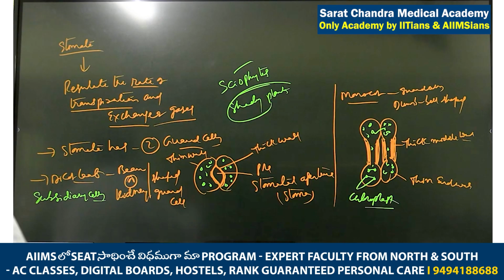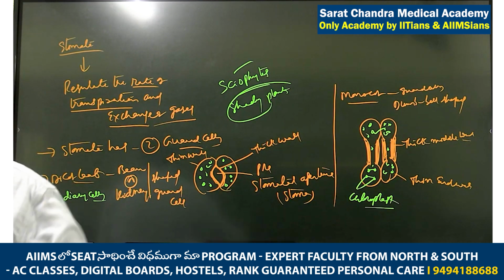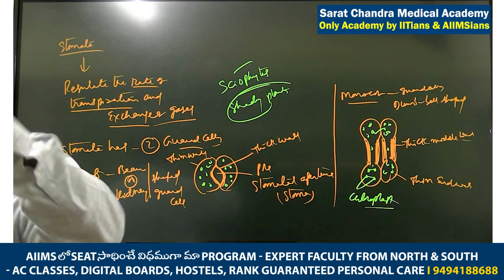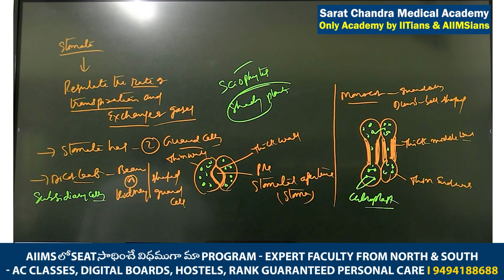Though they are epidermal cells, they differ from the guard cells in their shape and size. Some epidermal cells in the vicinity of the guard cell are specialized in shape and size. Such specialized epidermal cells are called subsidiary cells.